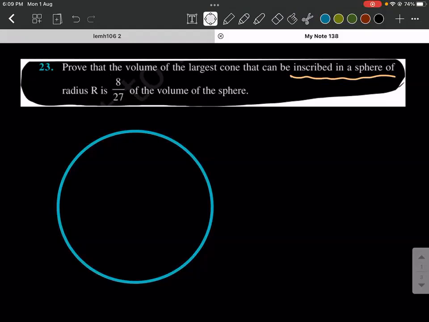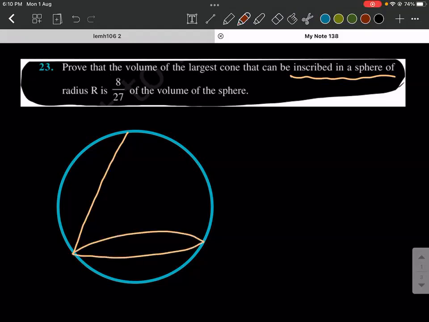Inside the sphere, you have a cone that is inscribed. Now we need to prove that among all those inscribed cones, the volume of the largest cone possible is 8 by 27 times the volume of the sphere.